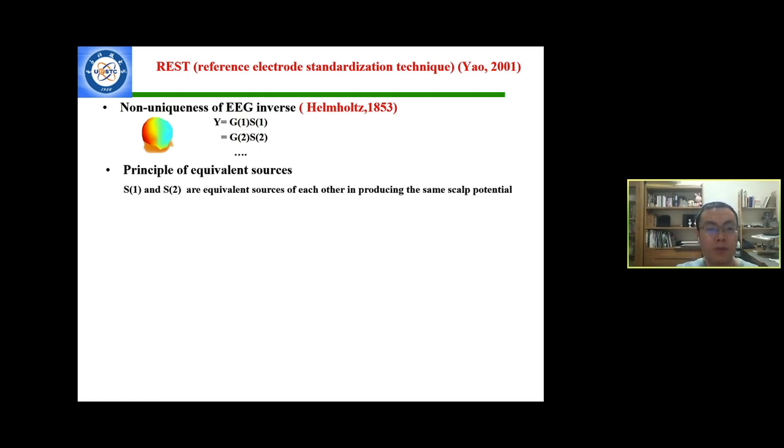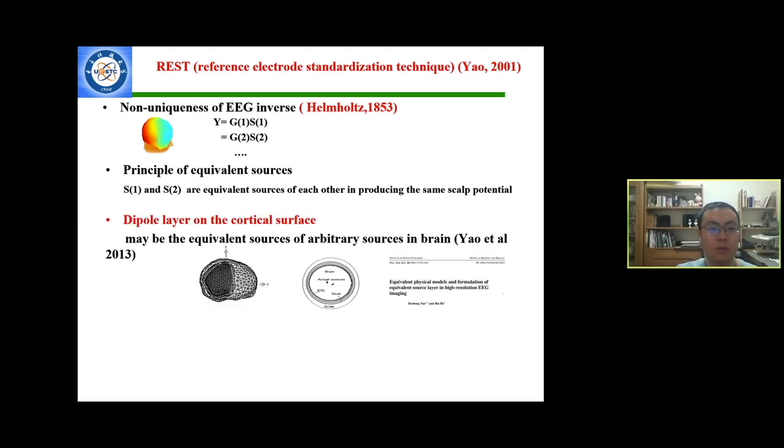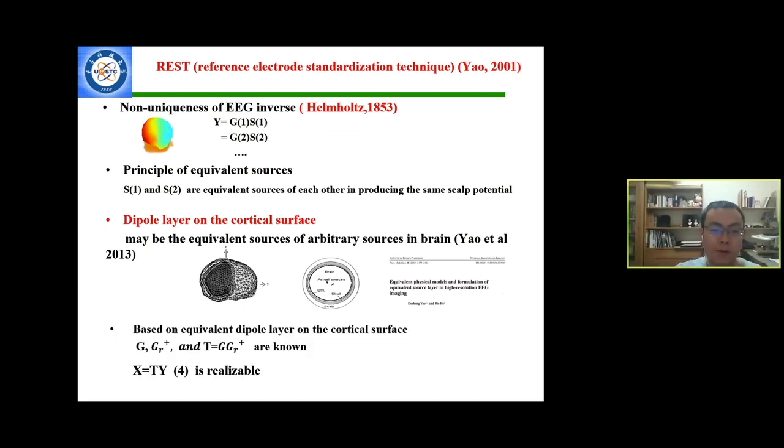That is the principle of equivalent sources, which means S1 and S2 are equivalent sources of each other in producing the same scalp potential. And the dipole layers on the cortical surface may be the equivalent source of arbitrary sources in the brain. Based on the equivalent dipole layers on the cortical surface, G, G_r inverse, and T are known, and equation 4 is reasonable.